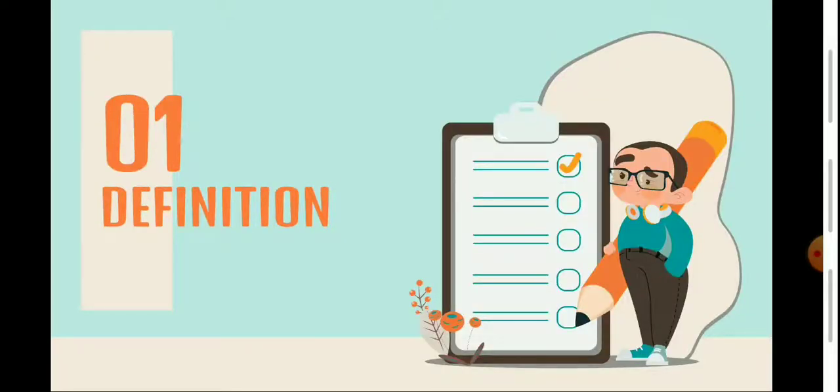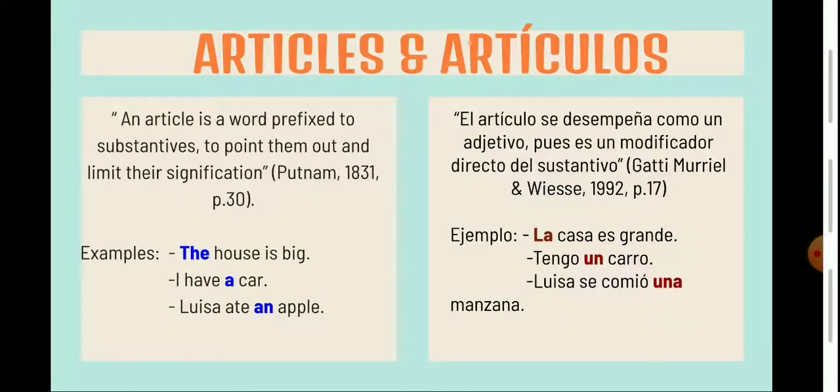So, what is an article? Well, according to Putnam, in English, an article is a word prefixed to substantives to point them out and limit their signification. Some examples are: the house is big, I have a car, Luisa ate an apple.